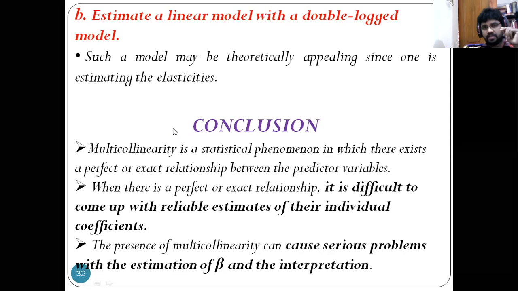As a conclusion, multicollinearity is a statistical phenomenon in which there exists a perfect or exact relationship between the predictor variables. In the Gujarati book, and in most research papers, they mention how much correlation we consider between the independent variables.